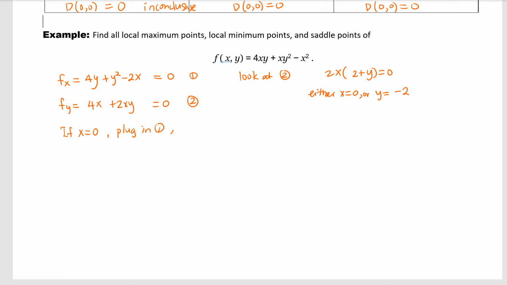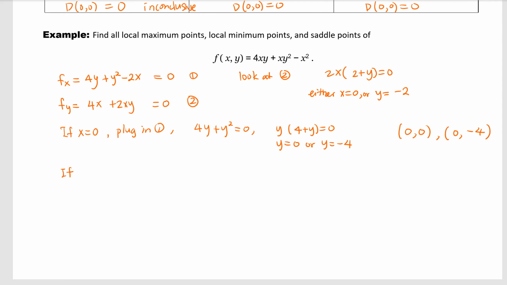Then you look at different cases where each factor equals 0. So if x is 0, we plug into the first equation and get 4y plus y squared equals 0. We can factor out y and get y times (4 plus y) equals 0. So y equals 0 or y equals minus 4. This gives us two points, (0, 0) or (0, minus 4).